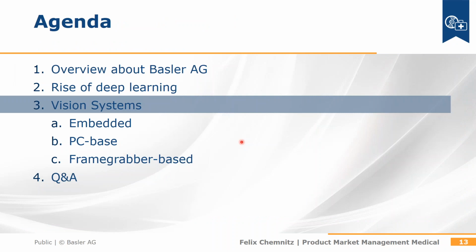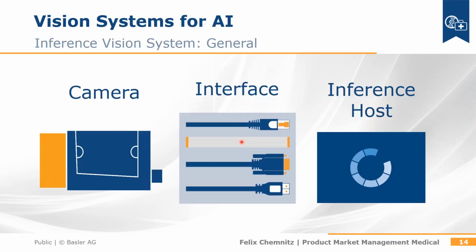Good. So this was the motivation for why we look at artificial intelligence. And now I will move over to the vision systems and show you how we see the inference vision systems.